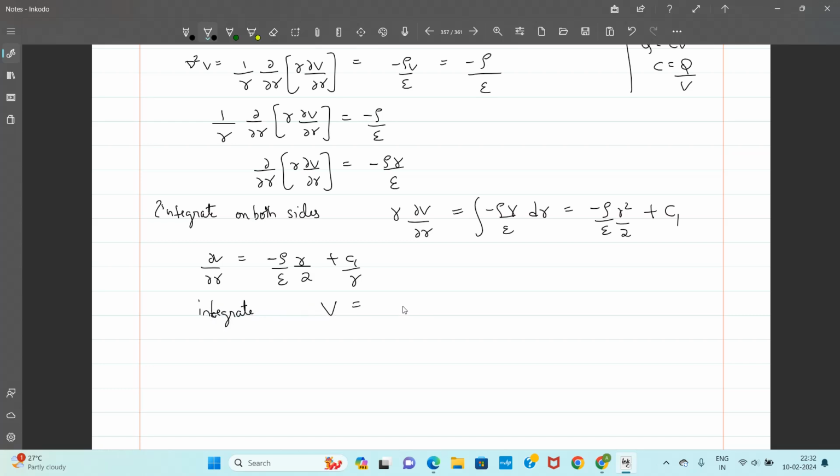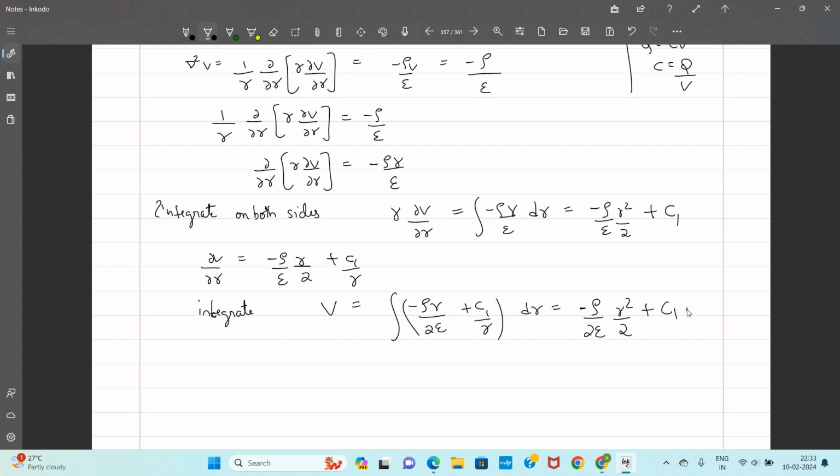So I'll get v is equal to integration of this side with respect to dr. The first term integration is minus rho by 2 epsilon, which is constant. Integration of r square is r square by 2, plus c1 is constant.